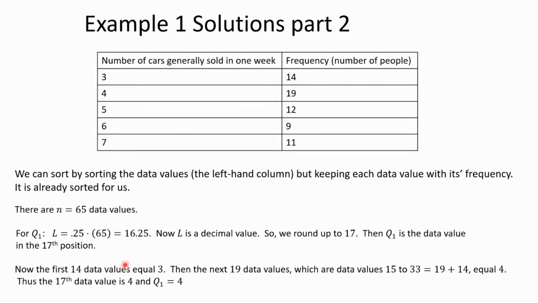Now that may not be obvious at first because we have a frequency table, but we can still find it. Namely, the first 14 data values are all 3. From 1 to 14, the data values all equal 3.